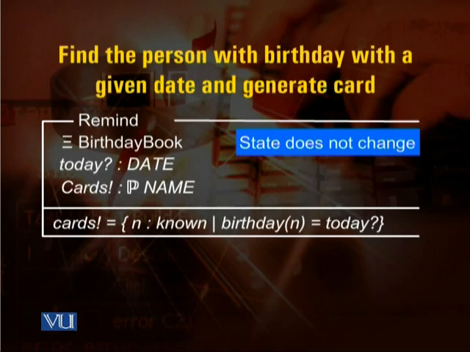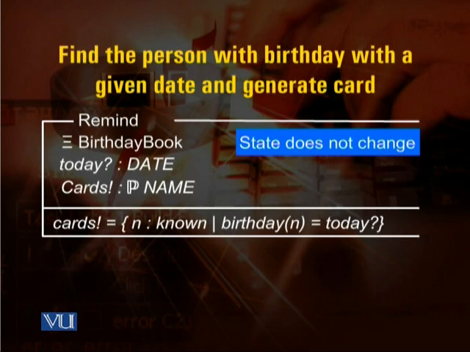I have today question mark. That means that this is an input to this schema and it is of type date. And I have this cards exclamation mark, which means that this is an output, and this is a set of names.